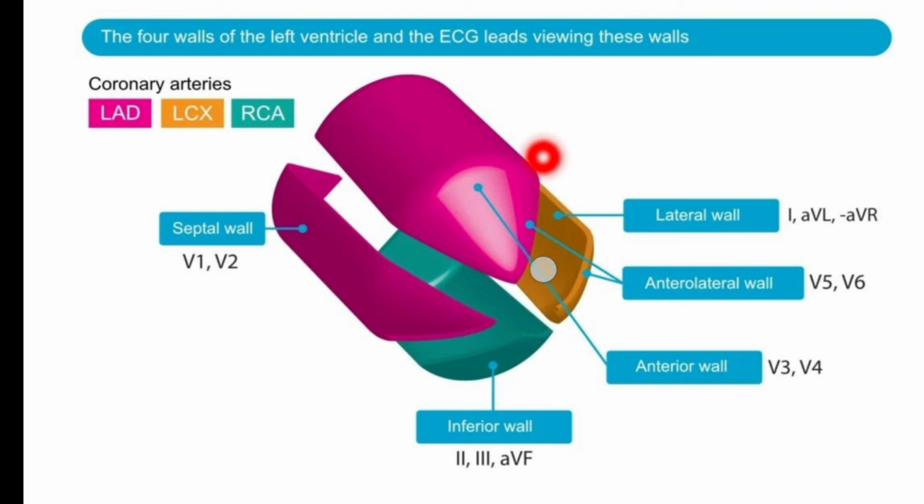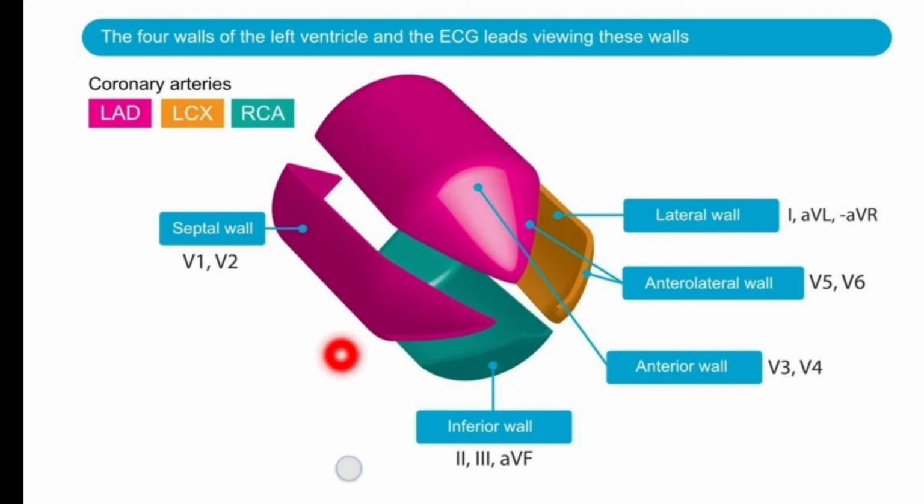In the previous video I discussed the ECG leads, what leads there are. There are precordial leads and arm limb leads. If we are seeing the anterior wall of the heart, it is denoted through the V3 and V4 leads, and the anteroseptal wall is denoted with V5 and V6.